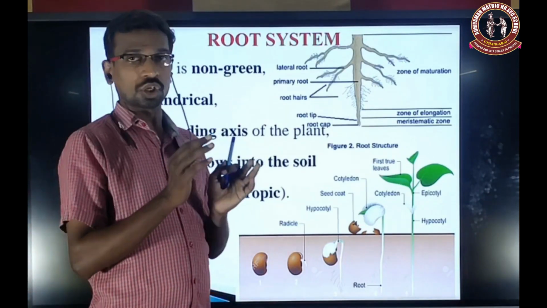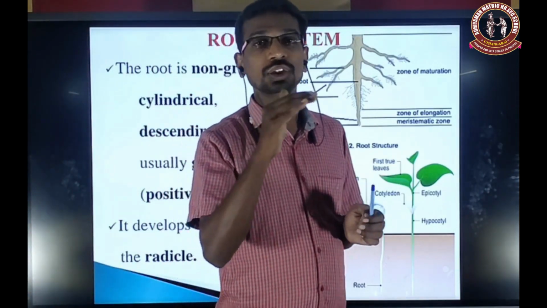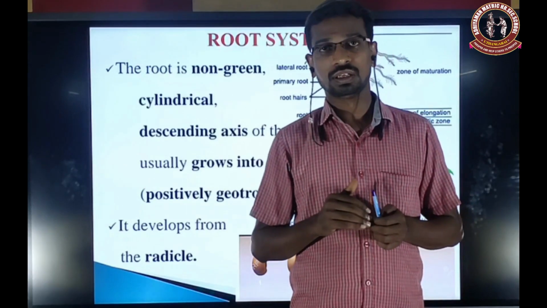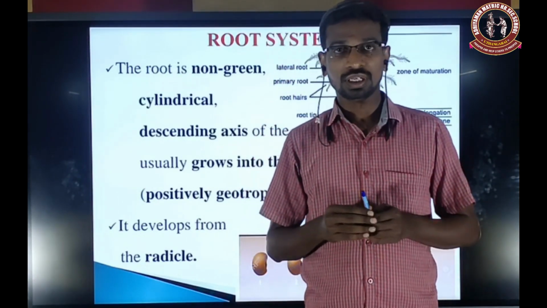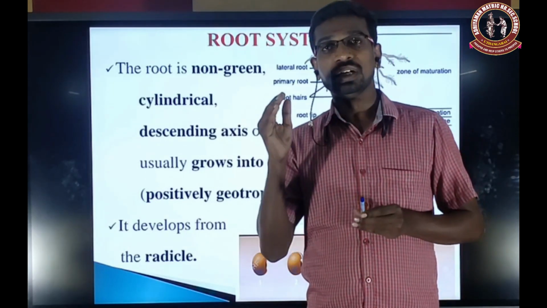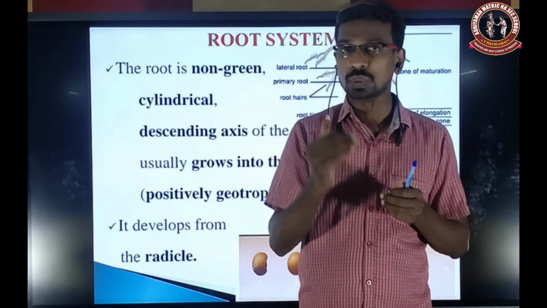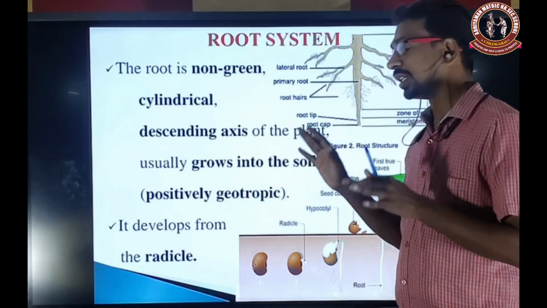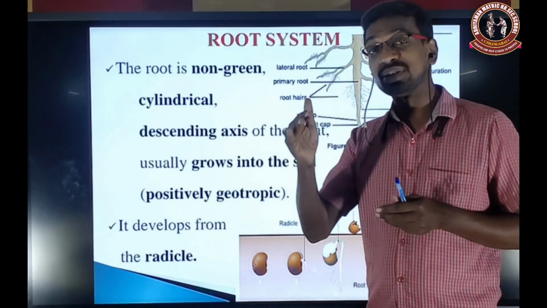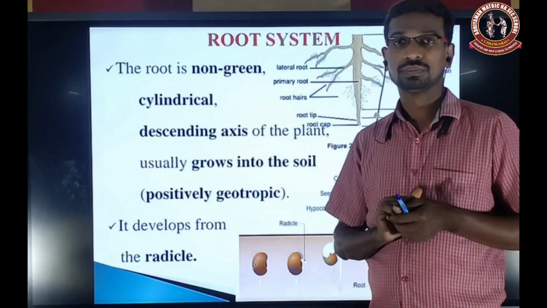It usually grows in the soil, that is, positively geotropic. The tropism means movement of the plant parts. Geotropic means the part of the plant grows towards the soil. That is positively geotropic and negatively phototropic.